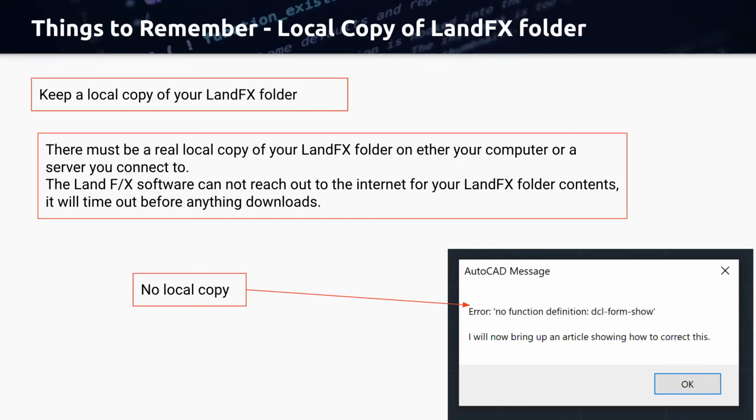By the time it gets it onto your computer, it's timed out and you've got an error that's not available, or no function definition, or the shared online folder just doesn't even respond to the request. It doesn't recognize it as a request for a file. So you have to have a local copy of your files.